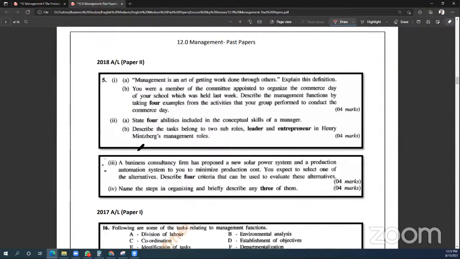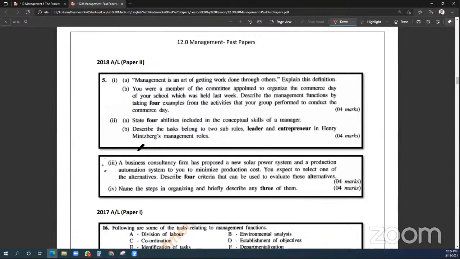Right, let's move on to 2018 part 2. I hope that you remember this definition.